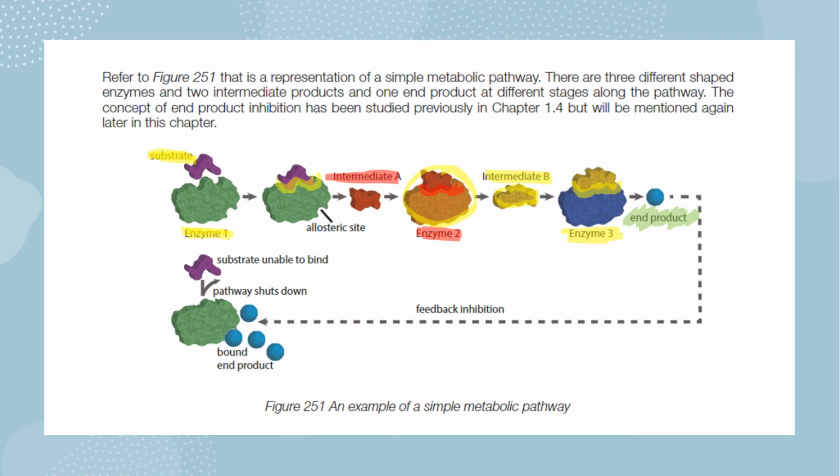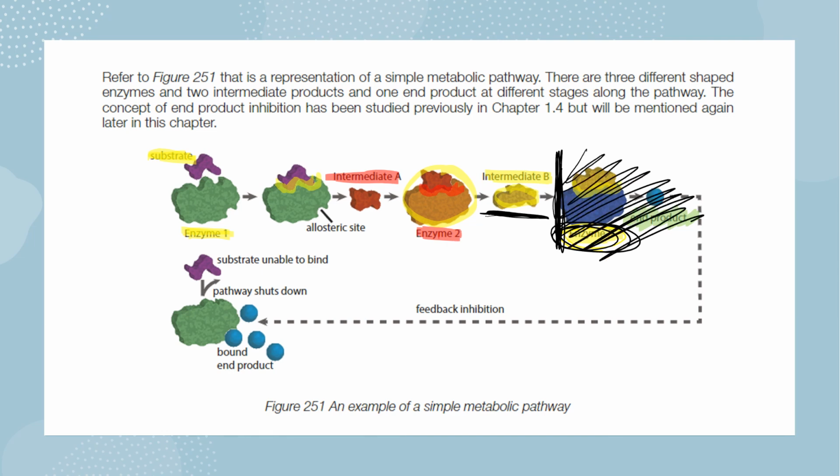So a really good example is if enzyme 3, so just say this one, in black, wasn't functional, it means that yes, we would still make intermediate B here. So we're making this product, but it means that past this point, nothing is going to happen. Enzyme 3 is not going to break that down, so we get to our final product here.